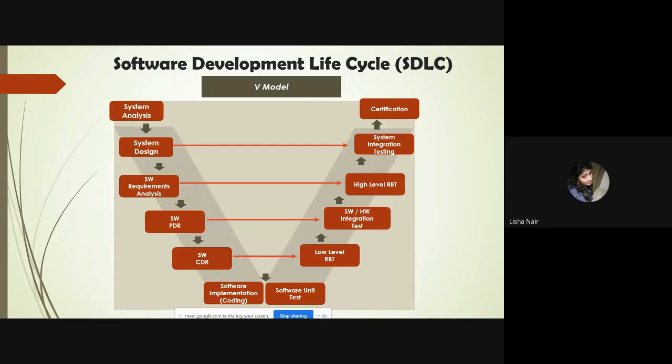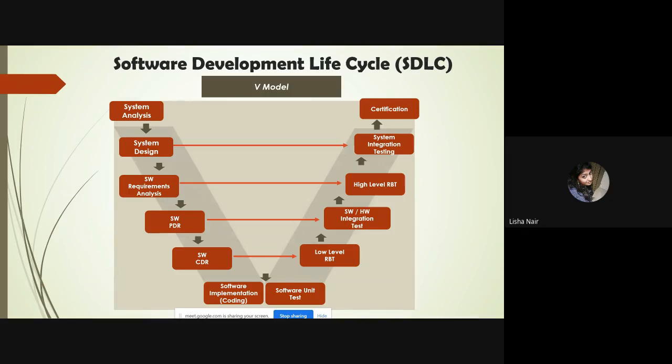His main job is to manipulate a few inputs to the software which is developed, give the right set of inputs, trigger the process with that input, and then get the desired output. If he doesn't get the desired output, he can always reject the functionality as a failure. So all these phases come in the testing, that is the verification part.